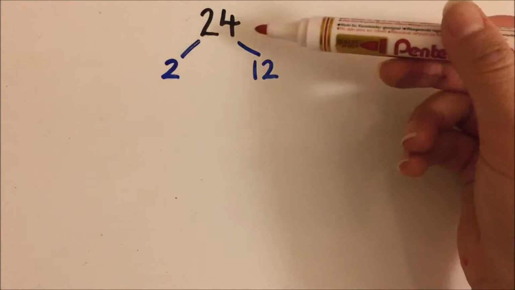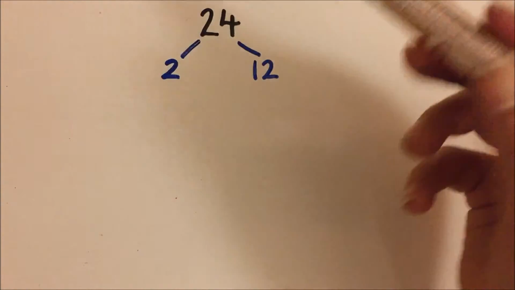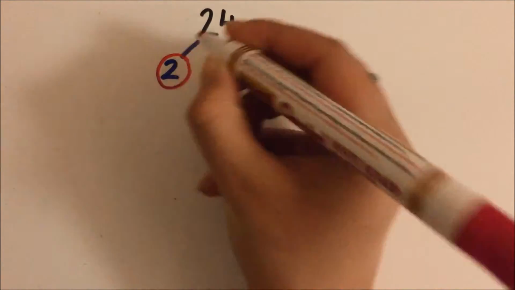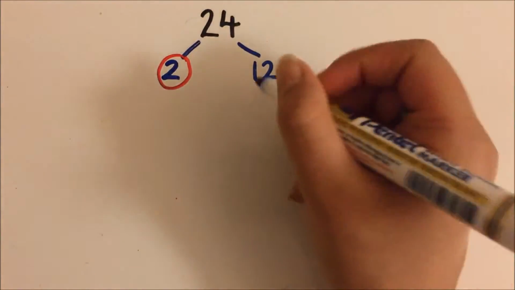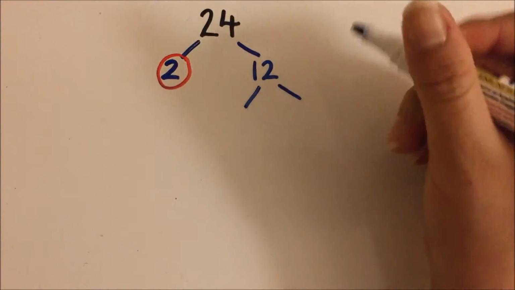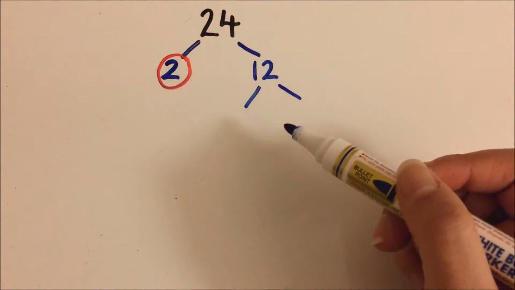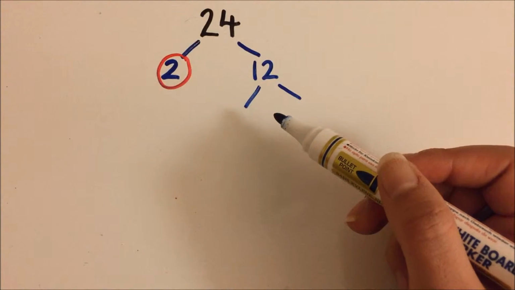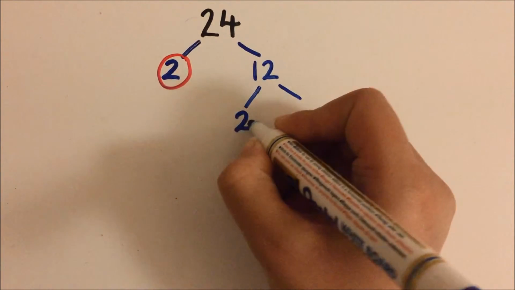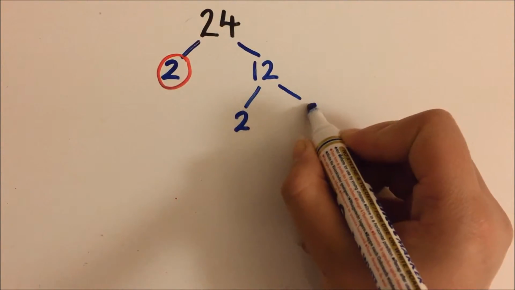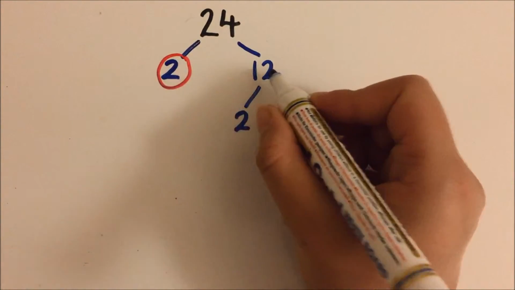And at any step where you find a prime number, you circle it. Then you look at 12, because 12 is not quite a prime. So you do the same step that you did for 24. So find the smallest prime number that goes into 12. Again, you can write 2. And then it's 2 times 6 that gives you 12.